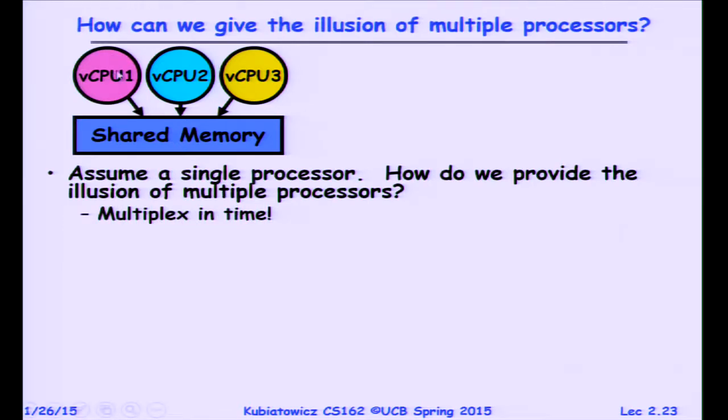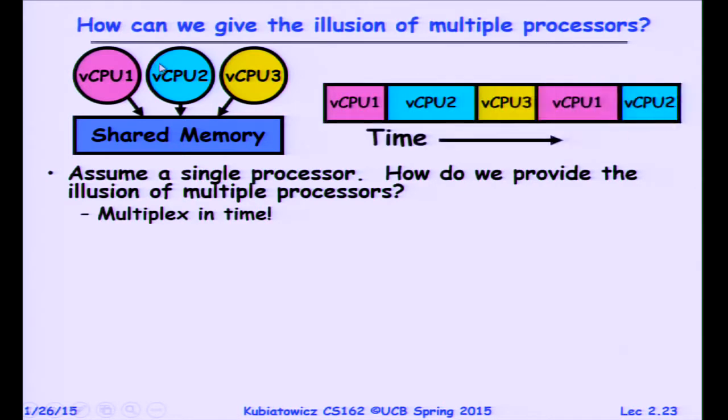Let me explain what this picture really means. We're going to provide the illusion that we have several threads or processes. We're going to make that distinction a little bit later, so say threads for the moment, all sharing some memory, and they're all executing as if each one of them had their own CPU. We really want to do this in time, so we run a little bit of the pink one, a little bit of the blue one, a little bit of the yellow one, a little bit of the pink one, a little bit of the blue one.